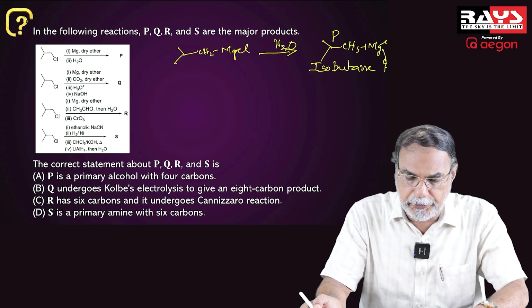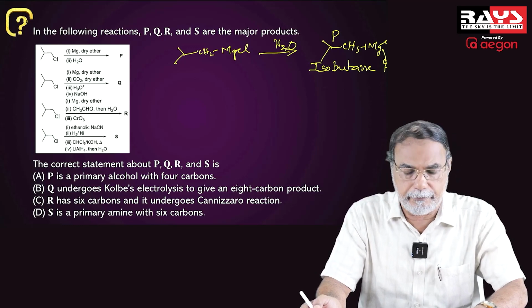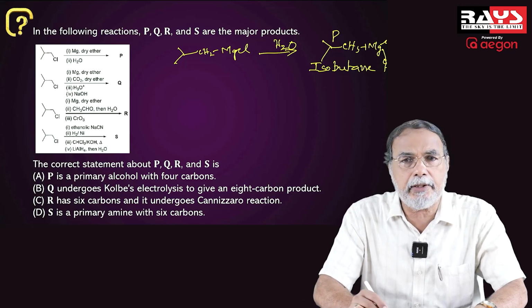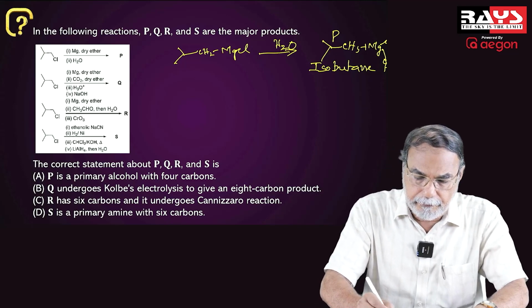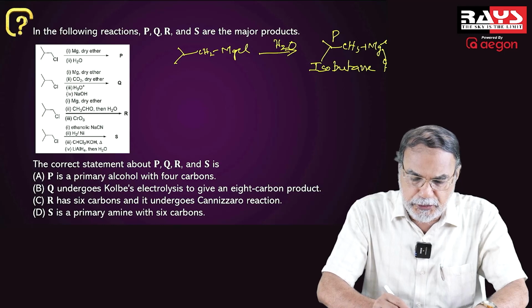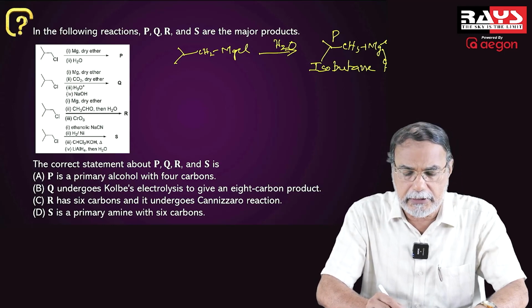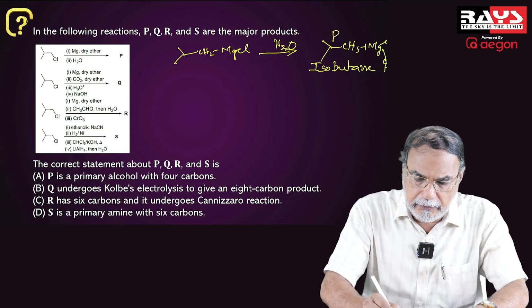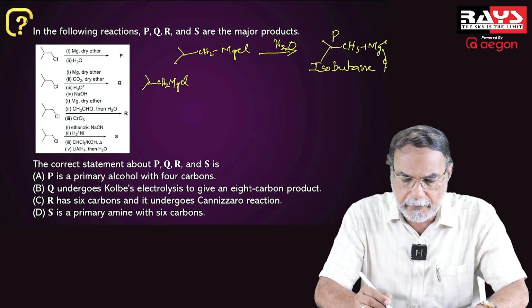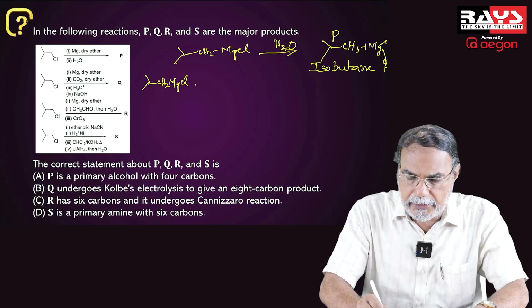Now what about the compound Q? The second conversion. Again, the starting compound is the same. So you have the first reaction with magnesium in dry ether medium, and that is the formation of the Grignard reagent. So again you have the Grignard reagent, and then is the reaction with the carbon dioxide.